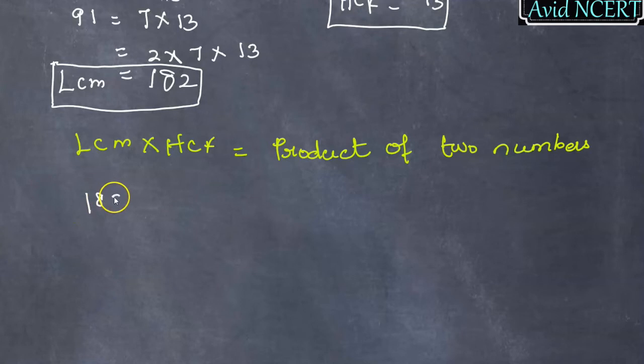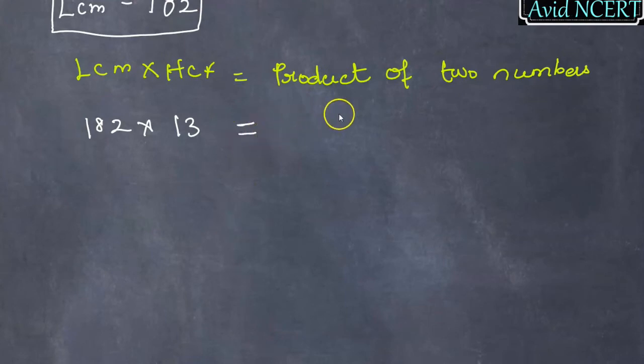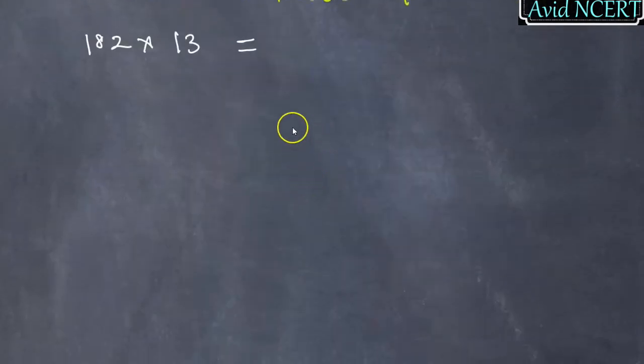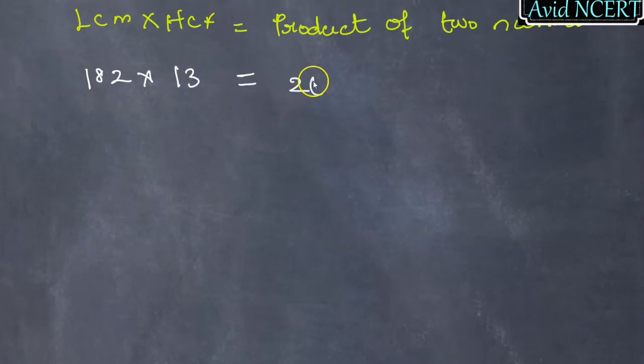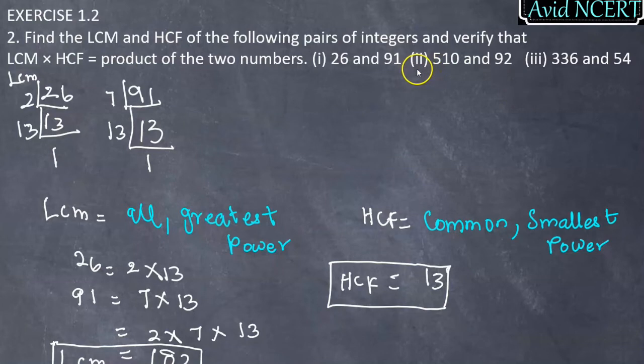LCM is 182 into HCF is 13, which equals the product of the two numbers, 26 and 91. That is the question. So 182 into 13 is 2366 and 26 into 91 is 2366.